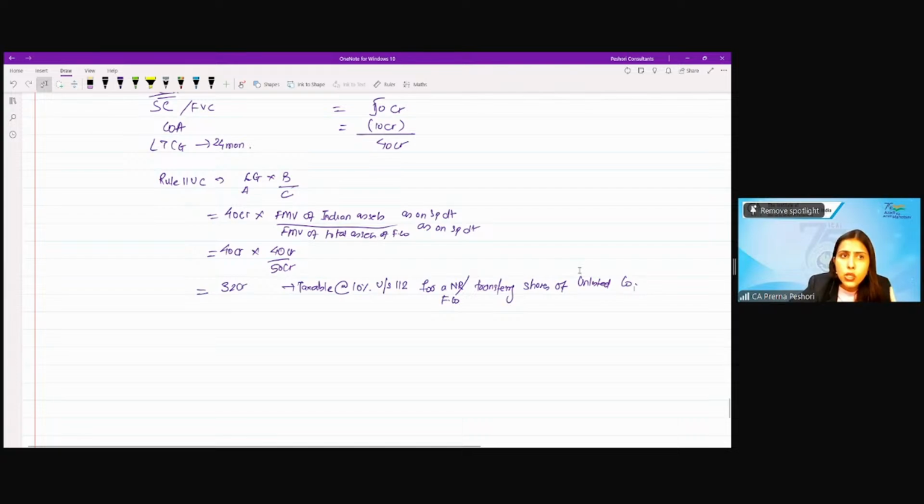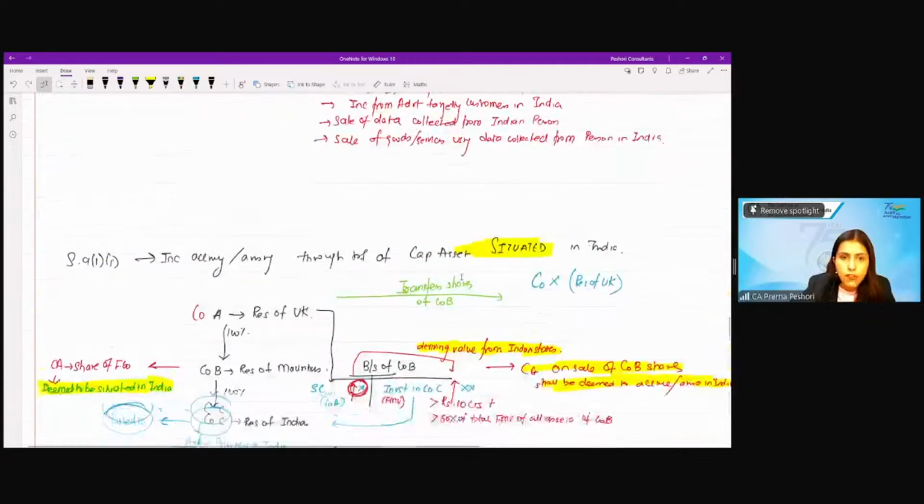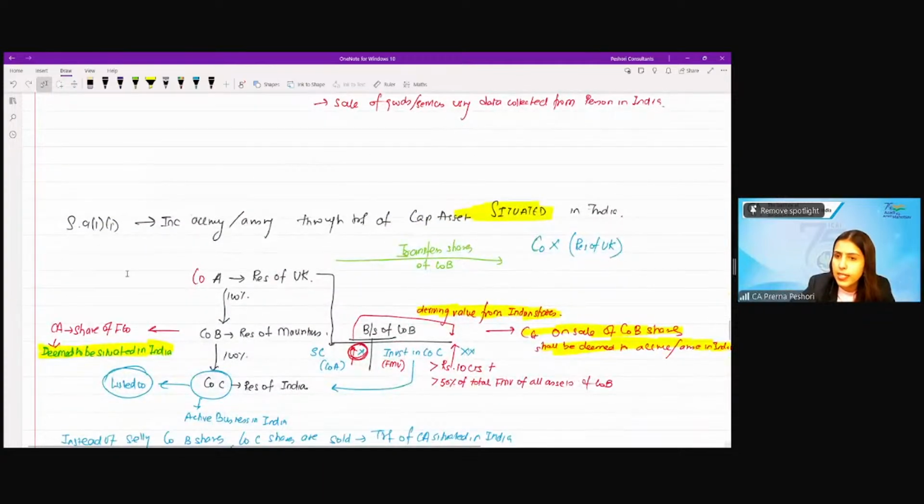Okay. Now, one last point with respect to the indirect transfer, students. Going back to my original example from where I had started. If you remember, this is the example we had started with.